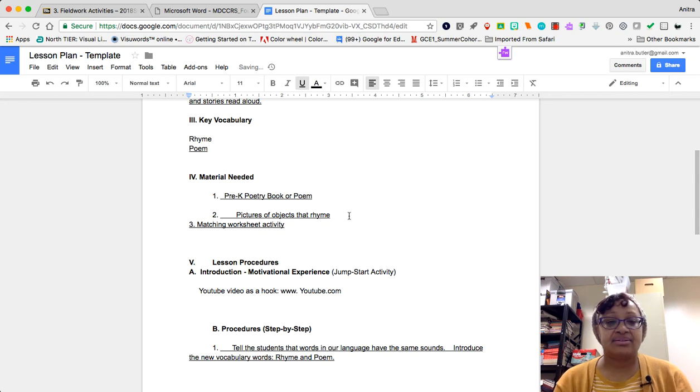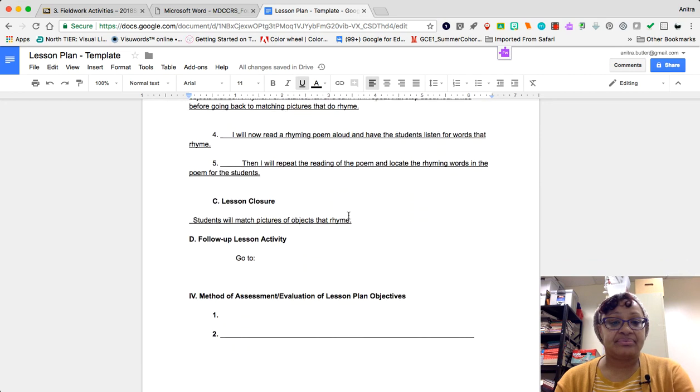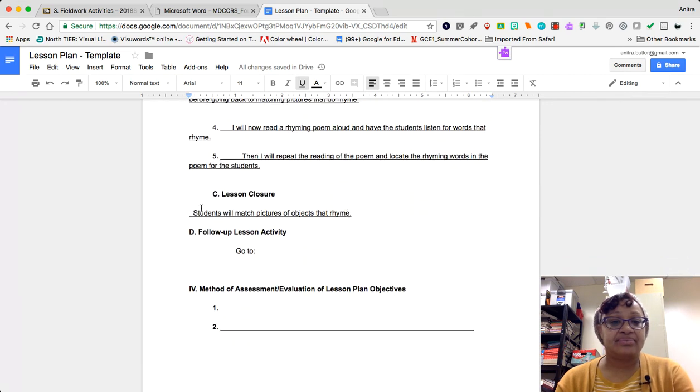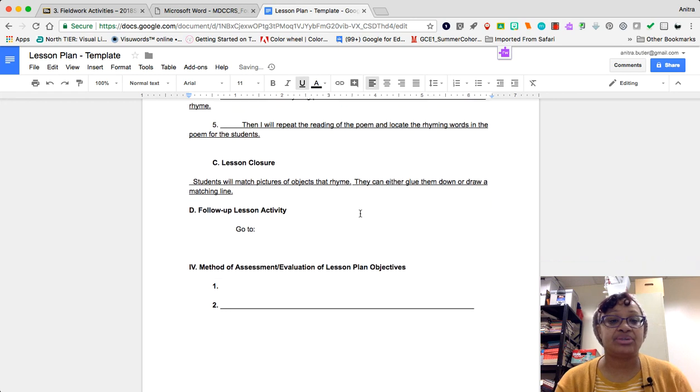Students will match pictures of objects that rhyme. They can either glue them down or draw a matching line, however you want to do it.